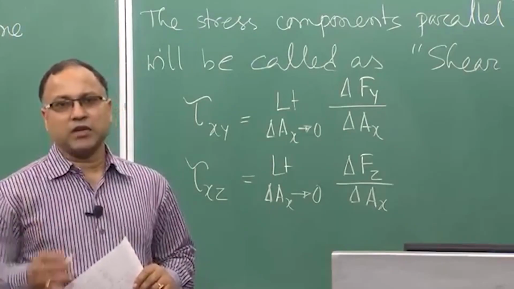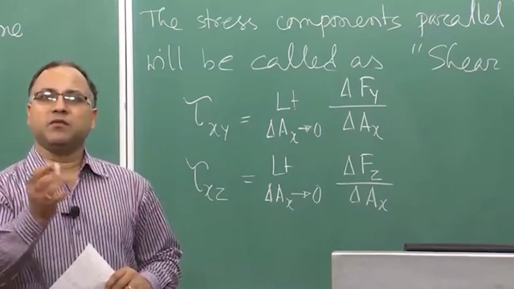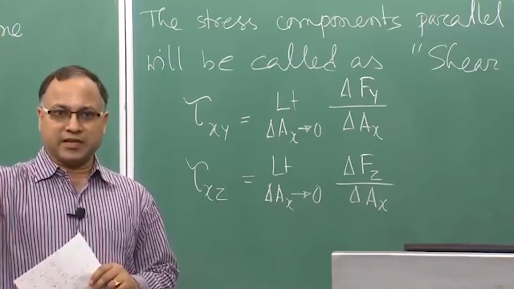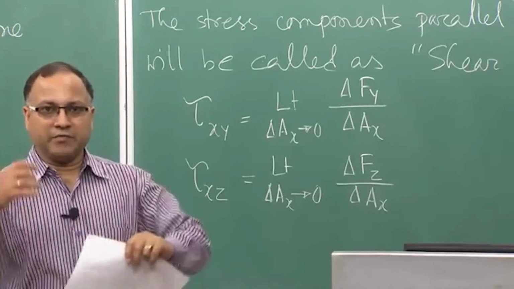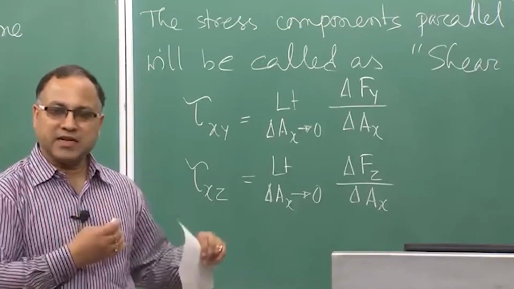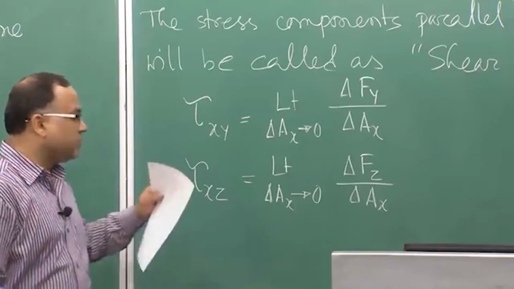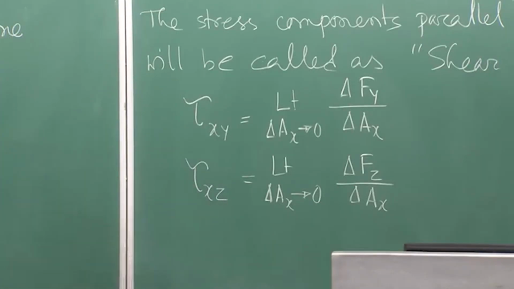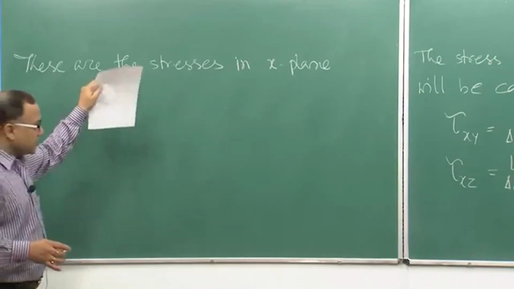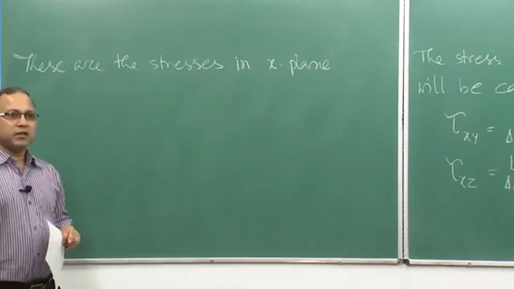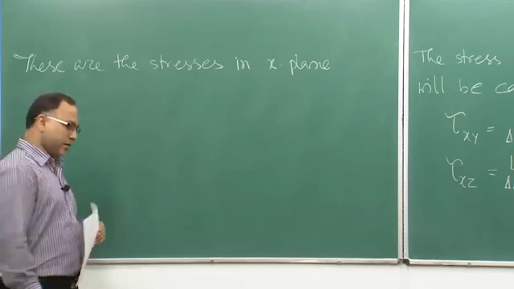If you consider one x plane on which some force, say delta F, is acting, you can have the components of that delta F along x direction, y direction and z direction, and based on that you can define the stress components. So, you will get 3 stress components. So, these are the stresses acting on x plane, right.